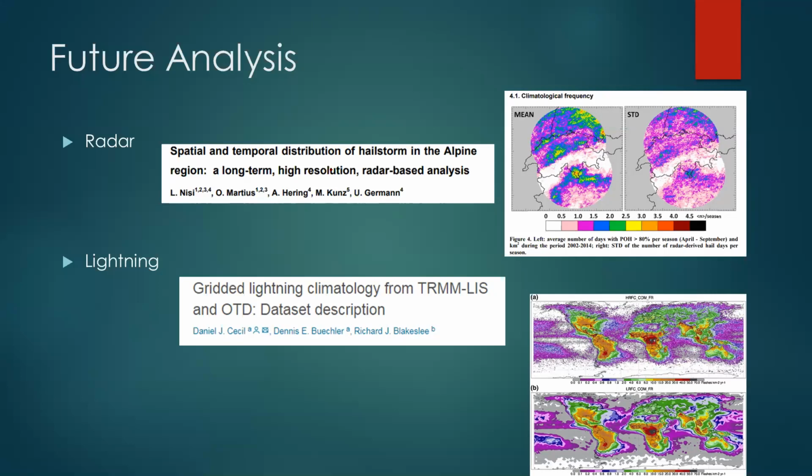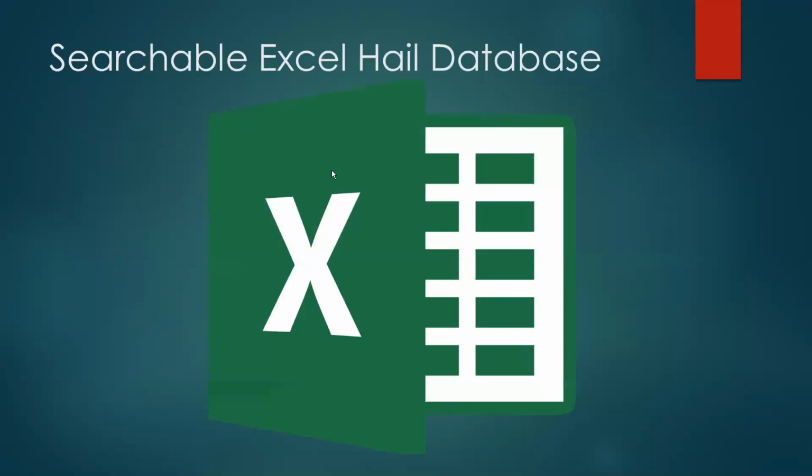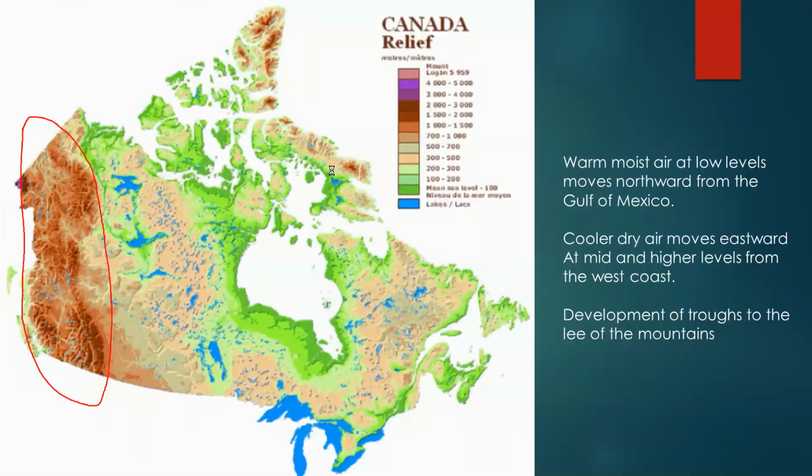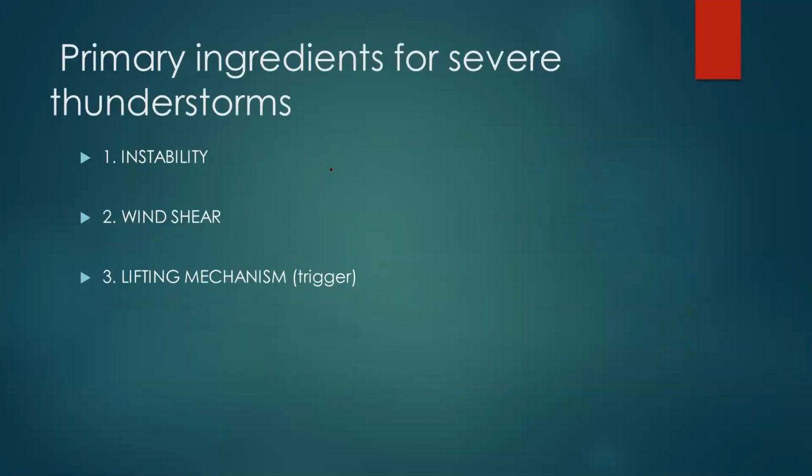I didn't talk about climate change in this presentation, but I'll just say a couple of words about it. Climate change has the potential to increase severe thunderstorm frequency. If we go back to an earlier slide, near the beginning, where we talked about the different ingredients needed for severe thunderstorms: one was instability, the second was wind shear, and the third was a lifting mechanism.